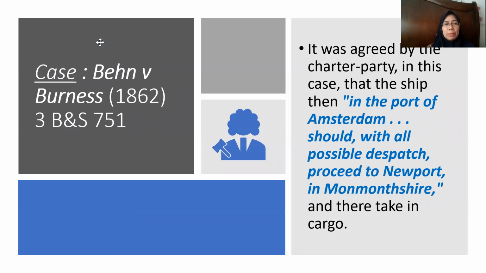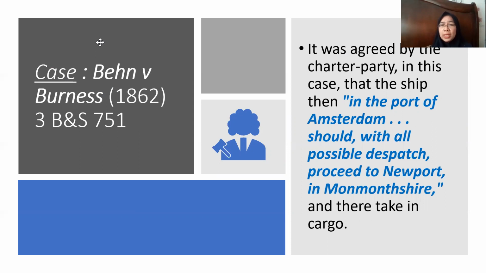The case is Bunge v Bunners, in 1862, common law. This is part of the facts here. It was agreed by the charter party, to charter a ship to sail from one port to another port, from one location to another.